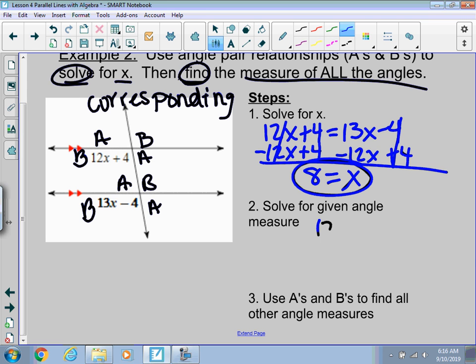So I'm going to do 12 times 8 plus 4, which gives me 96 plus 4, which is 100. Okay, so everywhere I see a B, it's 100.